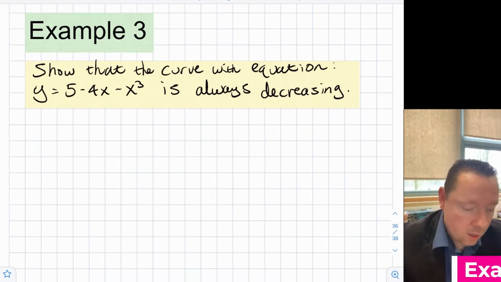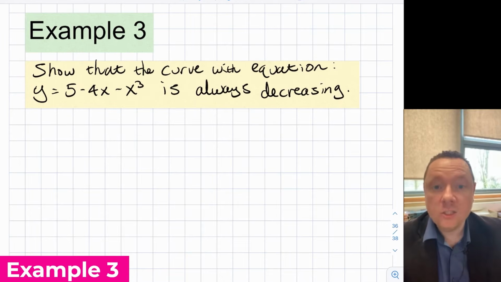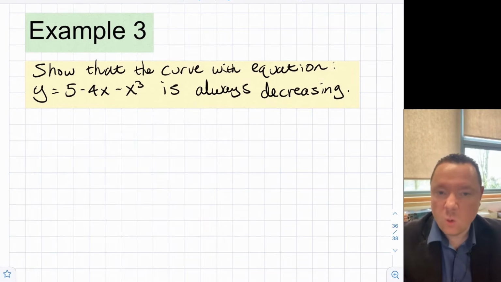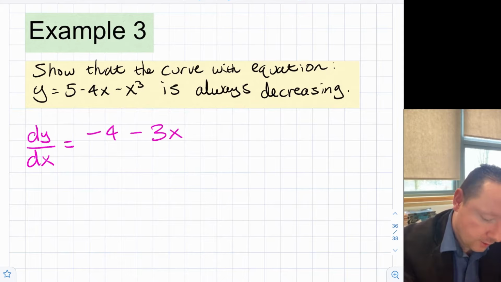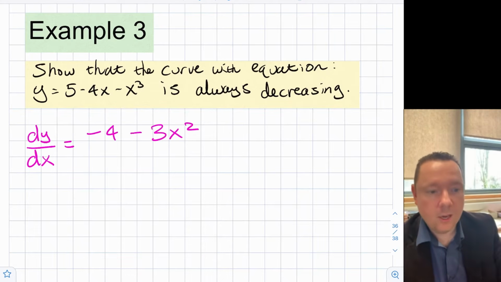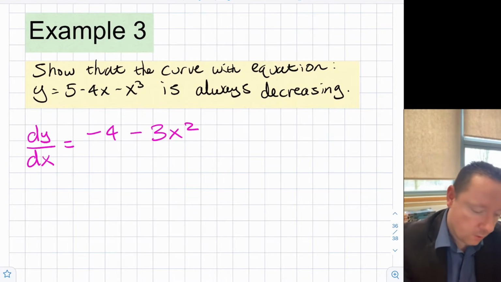Okay, example 3 says, similarly, show that the curve with equation y equals 5 minus 4x minus x cubed is always decreasing. So we want to show it's always negative. Let's start by working on dy by dx to find out if it's positive or negative. So the first term disappears, we get minus 4, and we get minus 3x squared. And we somehow need to show that that is always less than 0. Well, that's quite easy to show.